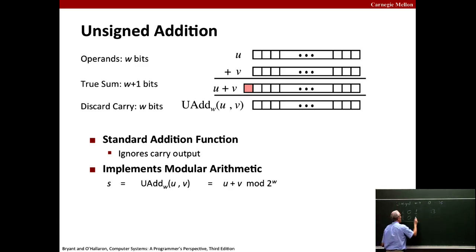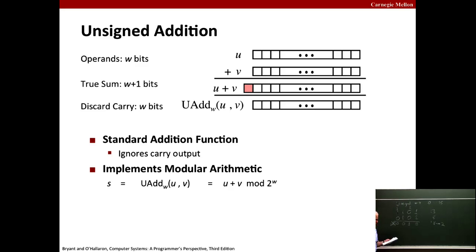So this is 0 carry 1, 1, 0 carry 1, 0 carry 1. In principle, to represent the sum, 18, you need 5 bits, not 4. But we're just going to conveniently drop that bit and say that this is actually 2, which of course is what 18 modulo 16 is.